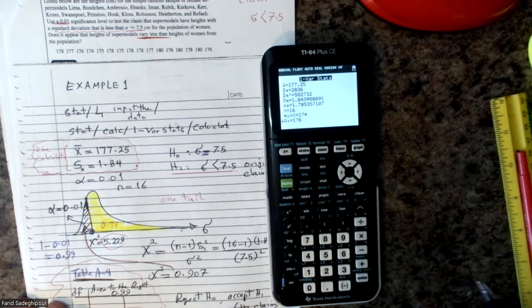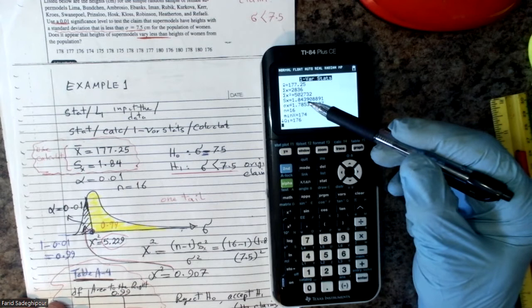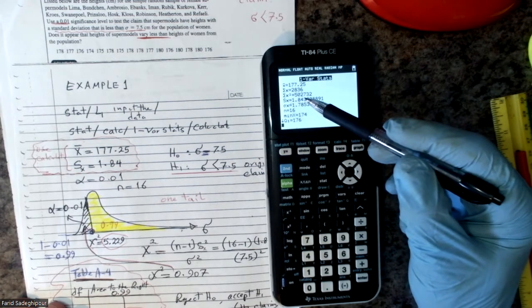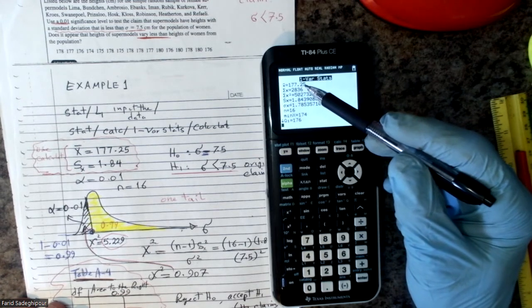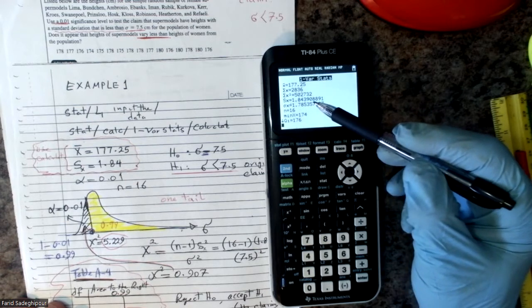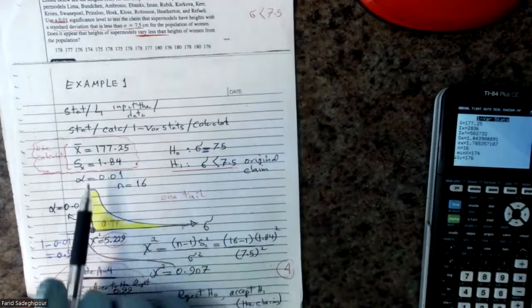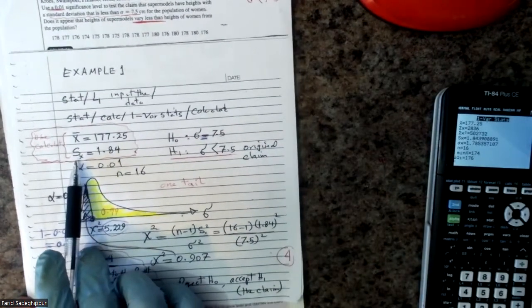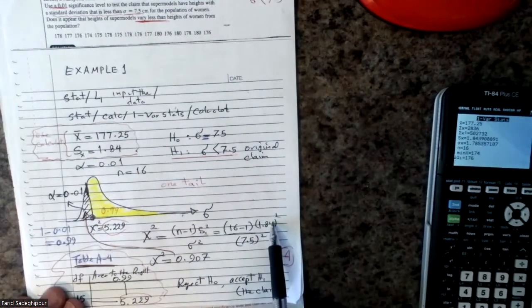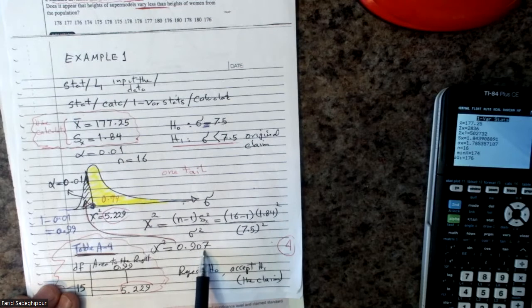S is 1.84. Mean is 177.25, but we don't really need the mean here. We just look for the standard deviation of the sample, which is given here. So when you have a sample standard deviation of 1.84, you substitute it here. By calculation, you have 0.907.